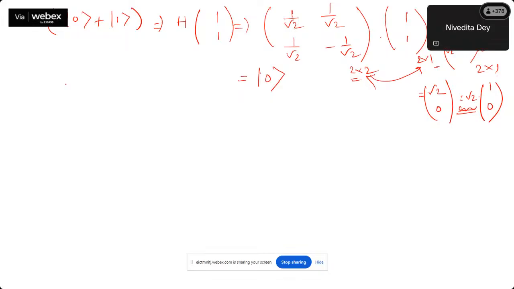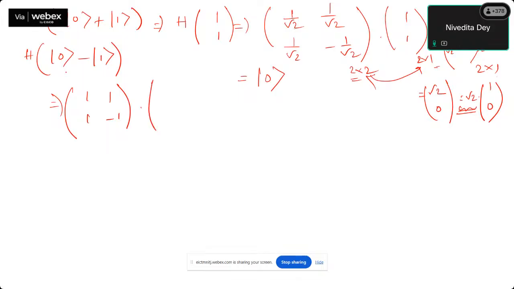And similarly, if you do it with respect to the Hadamard of ket 0 minus ket 1, because we are ignoring the amplitude, I write it as 1, 1, 1 minus 1, and this one can be written as 1 and minus 1. This is the interpretation of ket 0 minus ket 1. So if you do that, it is 1 into 1 plus minus 1 into minus 1, which is 0.